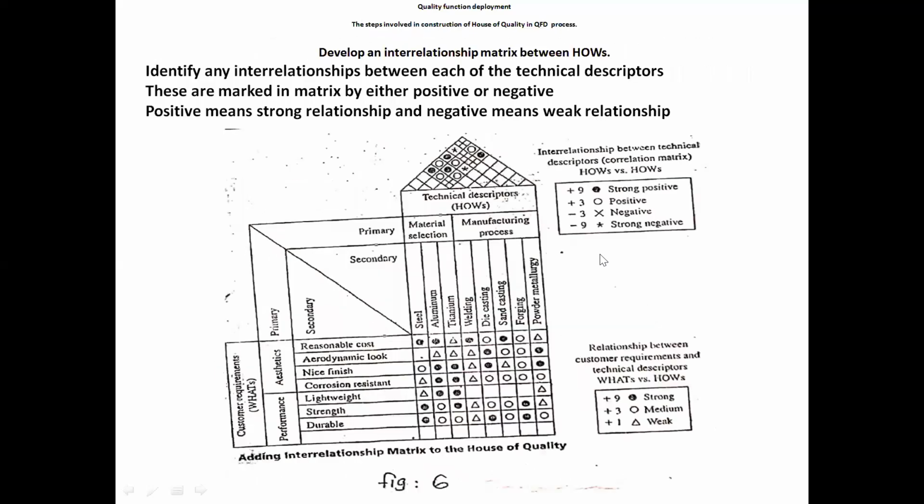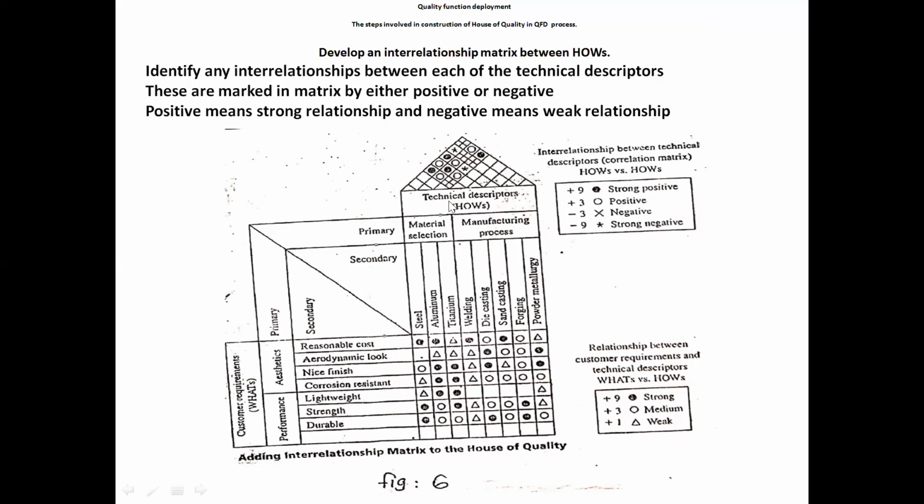Fourth step, now we have to make the relationship between how and how. These are the technical descriptors, how and how. Steel versus welding, this arrow. Steel you can weld, so it's dark. Then aluminum, welding is weak, negative, somewhat okay.